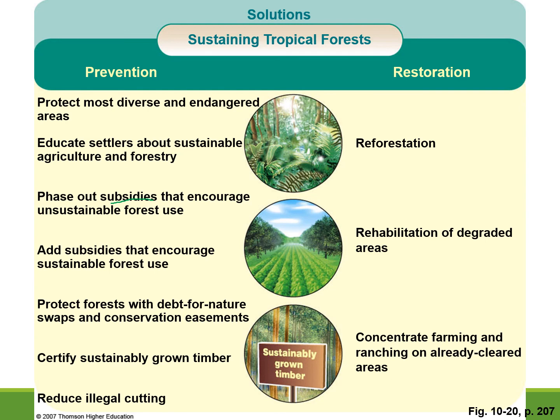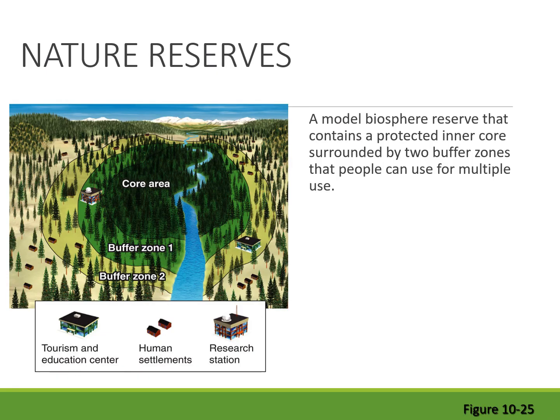You can reforest areas. This is in the textbook. The page is down on the bottom. Some people argue this is like the future hypothesis, like what would work, this model biosphere. If we could get people in these less developed countries into what's called ecotourism, where you take people, who pay for adventures in nature, and we could promote that, you could create sort of a core area in the middle where it's left wholly intact.